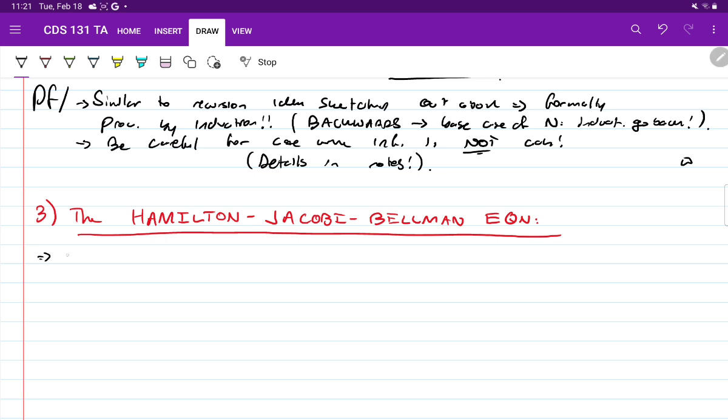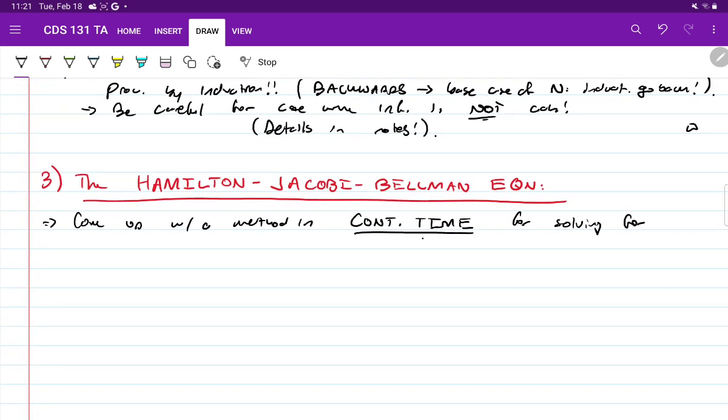So what we want to do now is come up with a method in continuous time for splitting up our dynamic problem into a set of static problems.